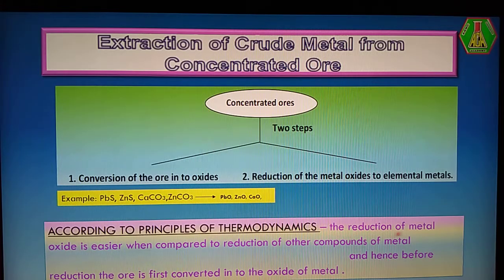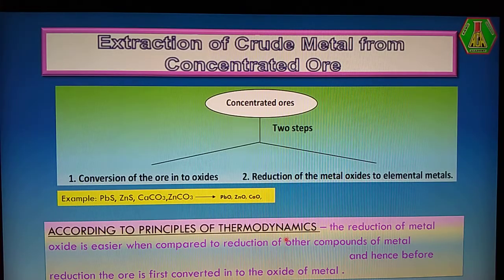The second step is reduction of a metal oxide to elemental metal, isn't it? So the second step is reduction. That's why the first step is introduced, the conversion of the ore into oxides.